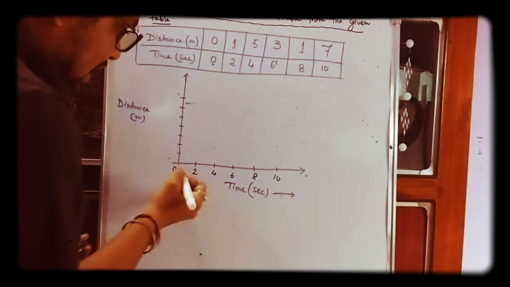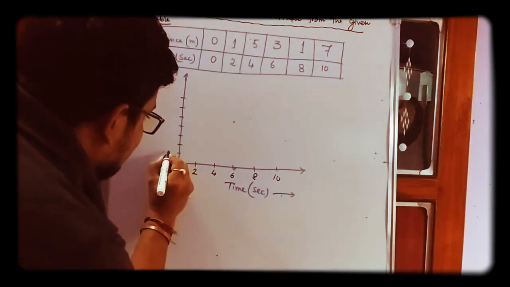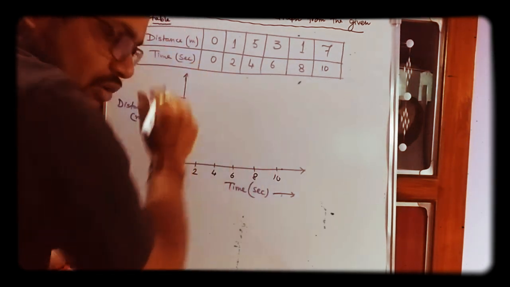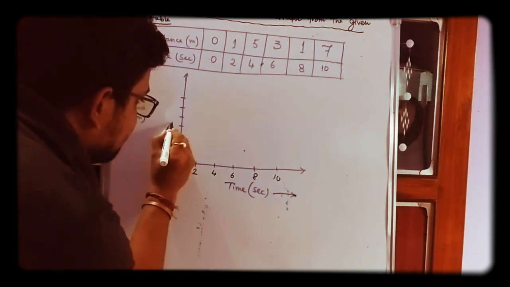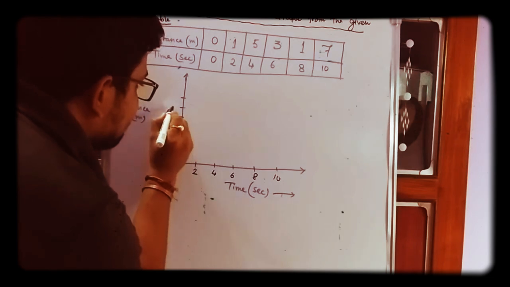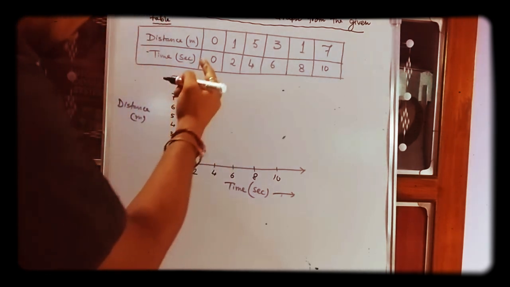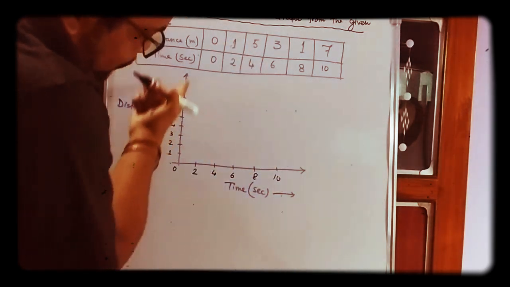You cannot write 1, 5, 3, 5, 7 here because that is the given data. All gaps must be equal here also. Now draw a vertical line at each point here and a horizontal line at each point here.